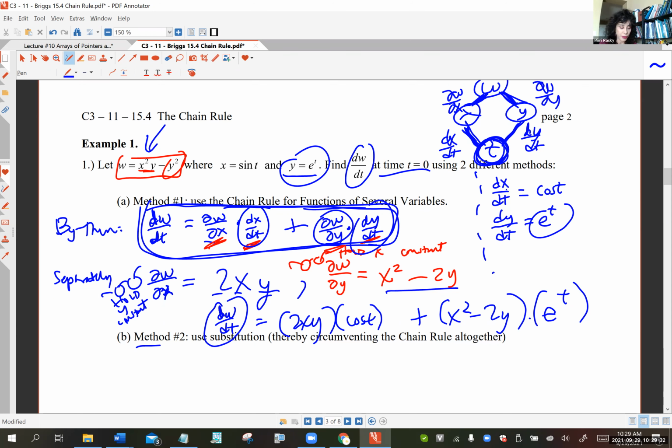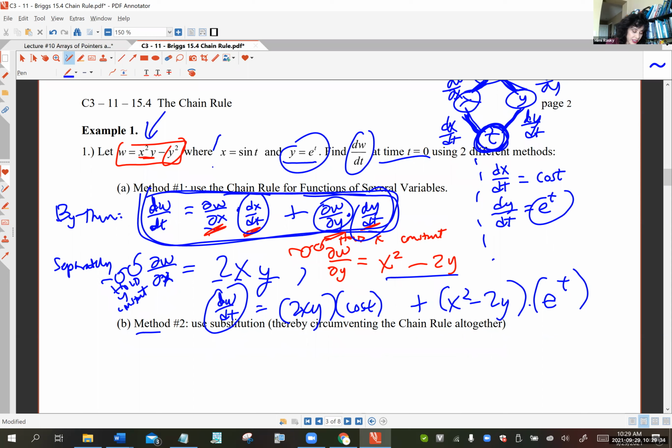Oh, so what do we do? Well, you notice that they're giving you x and y in terms of t. So you're going to do some back substituting. What do I mean? Well, this 2xy, in place of x, you're going to put what x is in terms of t, which is sine t, because they told us.